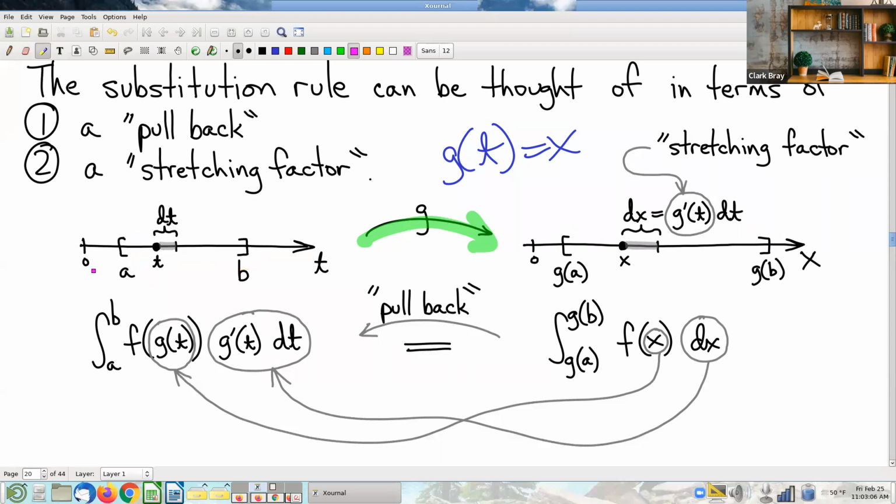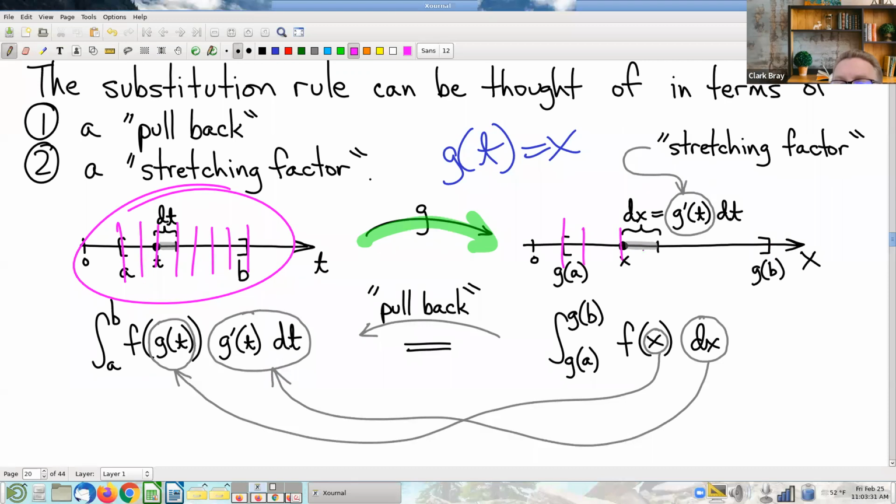Okay, now I'm going to take this interval over here and start slicing it up in the usual way. So, slice, slice, slice, slice. Like that. And I make the observation that slicing up this interval on the t-axis in effect slices up this interval over here on the x-axis.